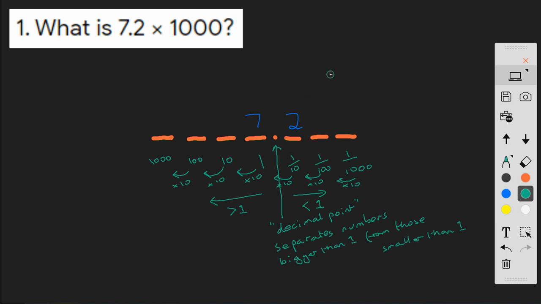Now, what we're being asked to do is to multiply our number by 1,000. And 1,000 is 10 times 10 times 10. And we've got 3 zeros on the end here. 10 times 10 times 10.